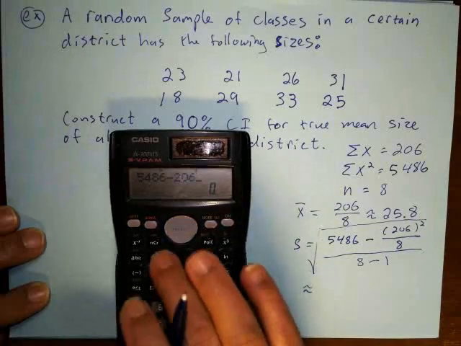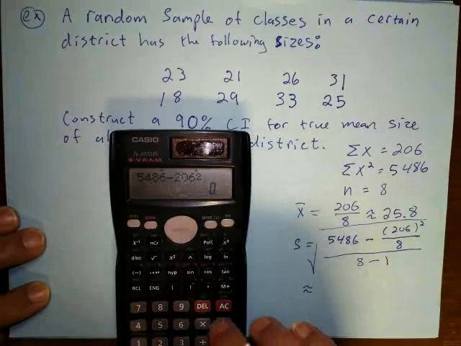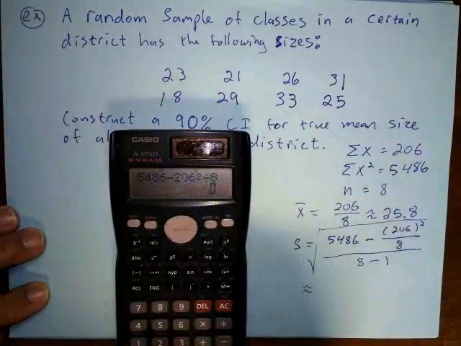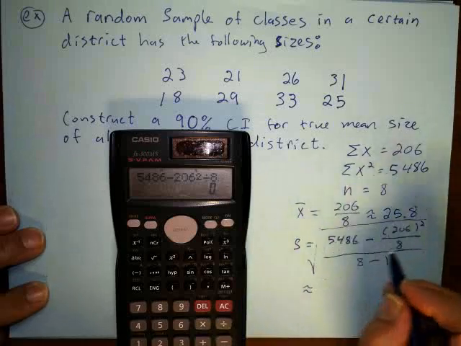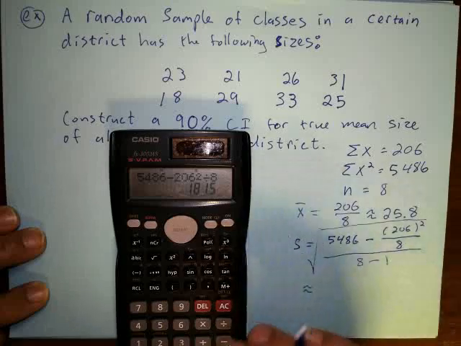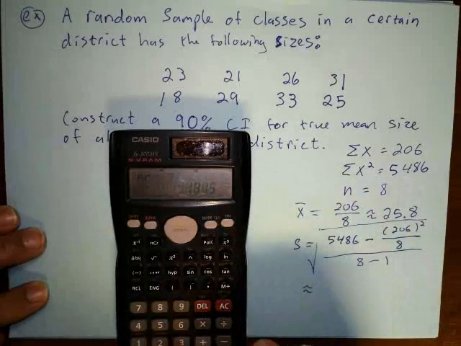I'm putting in the top here. Notice I don't need parentheses or anything. This will square that and then divide and then subtract. That's what you want it to do. So I'm going to do the top first, hit equals, and I get the top. Now I'm going to divide by 7 and hit equals.